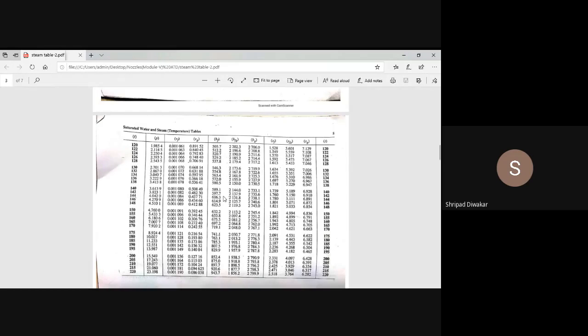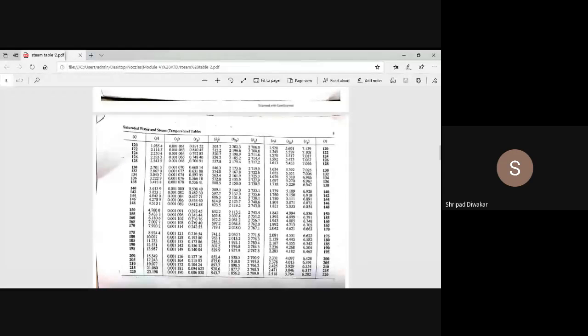And hf is your sensible heat: how much heat is required to convert 1 kg of water to 1 kg of wet steam at saturation temperature. That is called your sensible heat. You already studied the ph diagram in BTD. So this is hf, this is hfg, and one more is hg. Like that, we can find the properties at any temperature.